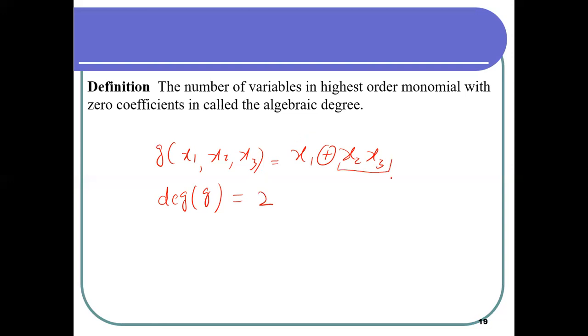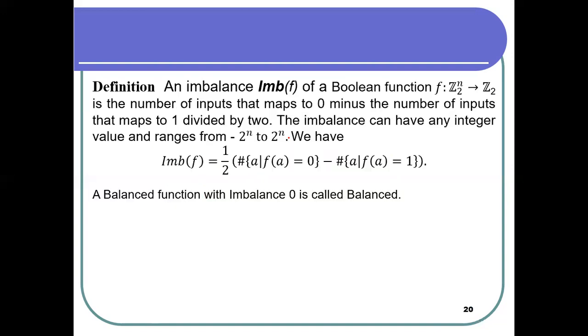These are Boolean functions, which we can categorize with respect to their degree. Now the imbalance of a Boolean function is the number of elements in the domain for which the function is 0, minus the number of elements for which the function gives output 1, divided by 2. It is called the imbalance.